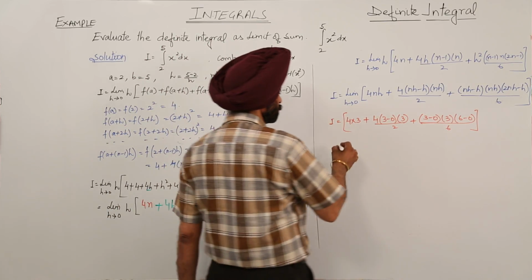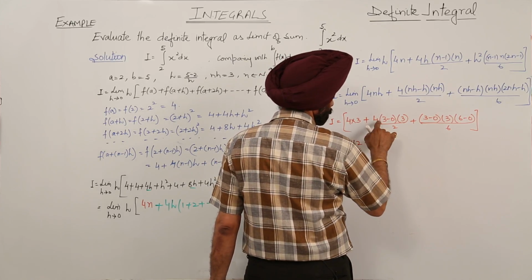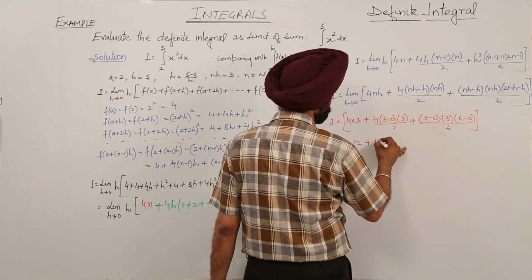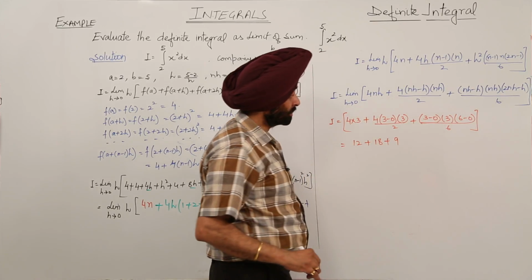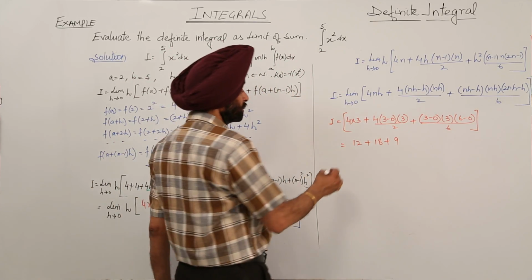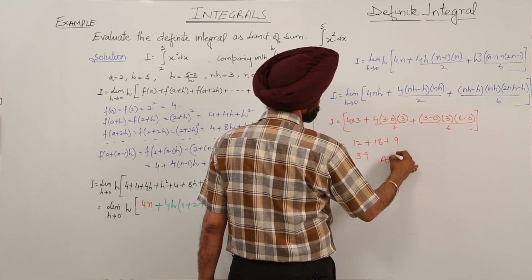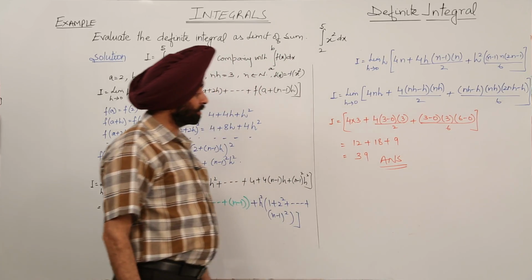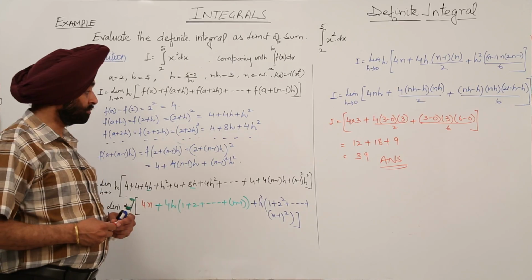So we are getting 12 plus 2 with 3 with 3. 3 3s are 9, 2 9s are 18, plus 9. 6 and 6 cancel, 3 3s are 9. So final answer is 39. This is the answer. 12 plus 18 is 30, plus 9 is 39. So like this we can easily go for the solution parts.